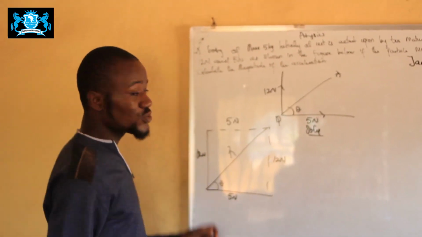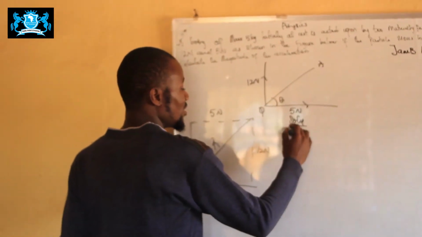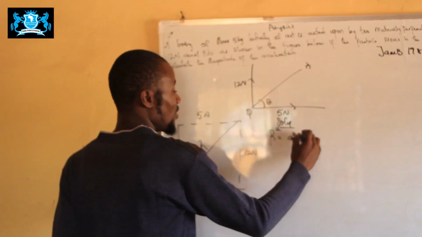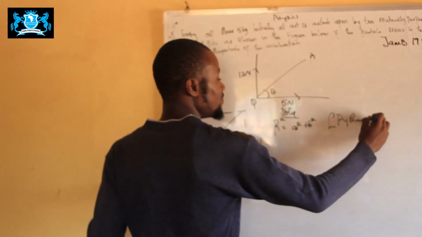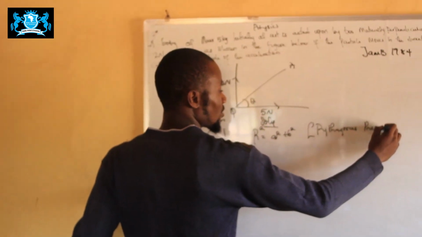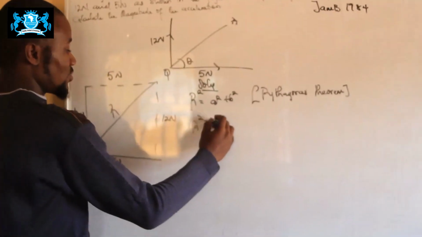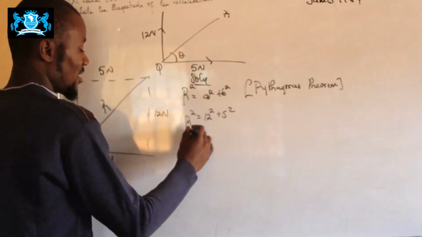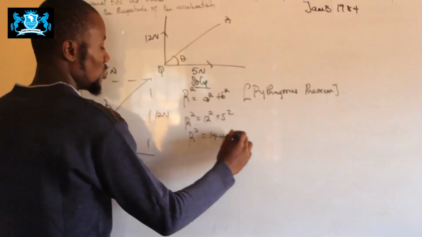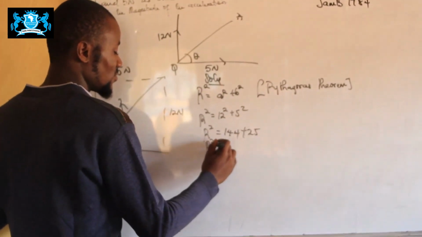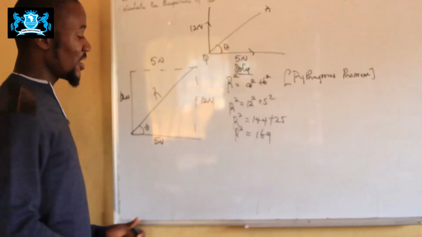And the resultant force will be found using Pythagoras theorem. So R squared is equal to A squared plus B squared. R squared is equal to 12 squared plus 5 squared. R squared is equal to 144 plus 25, and R squared is equal to 169.